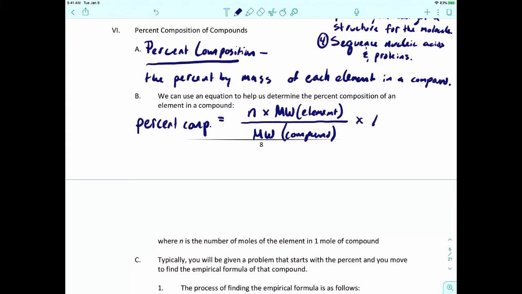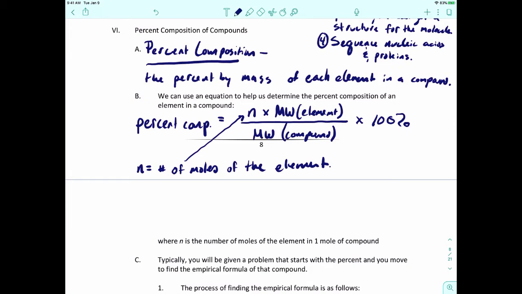And then we multiply that all by 100%. Okay, so again, N in this equation is going to be the number of moles of each element.